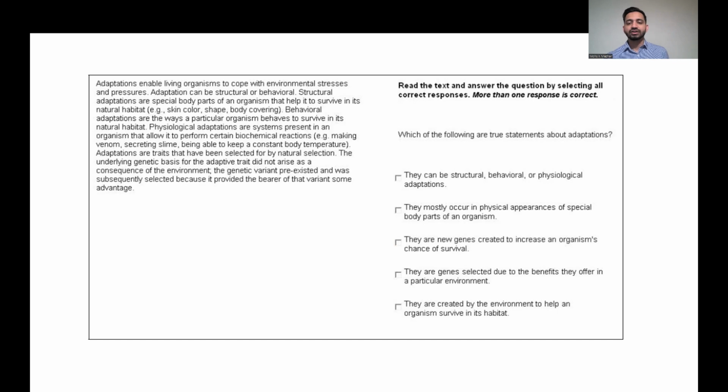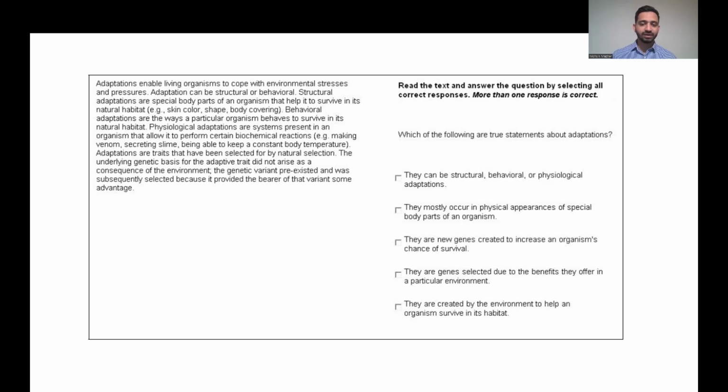Number 3, there are new genes created to increase an organism's chance of survival. It doesn't really mention that they're created. It says it did not arise as a consequence of the environment. So they're not really created. So I think I can eliminate option number 3. Option number 5, they are created by the environment to help an organism survive.